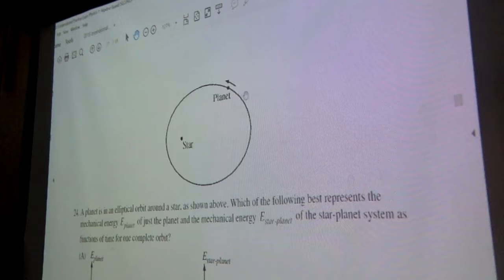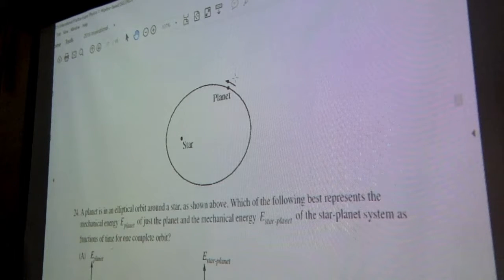Now the other concept that you need to know is this planet has two kinds of energies: gravitational potential energy and kinetic energy, both. Now gravitational potential energy, can you tell me what is the maximum gravitational potential energy that any object can ever have?